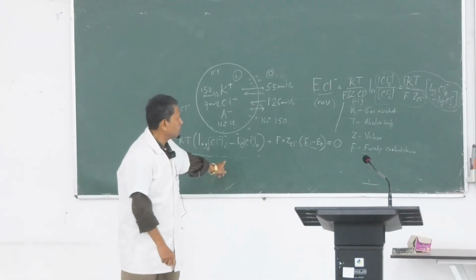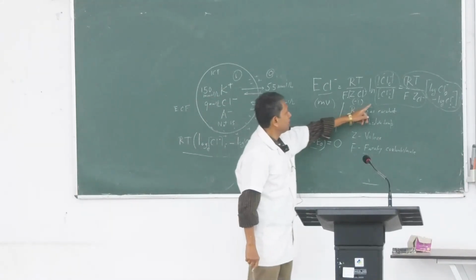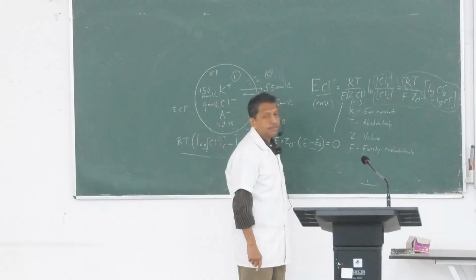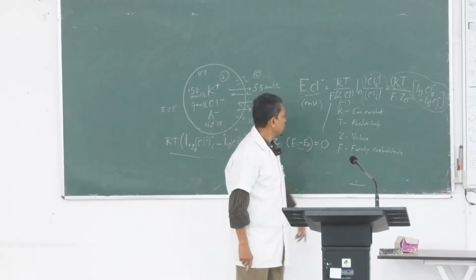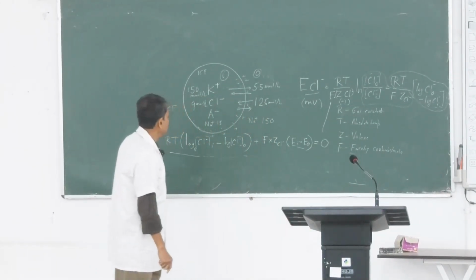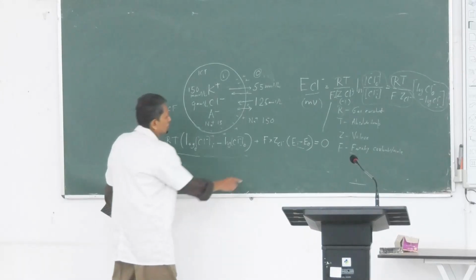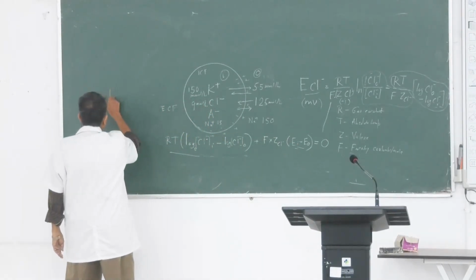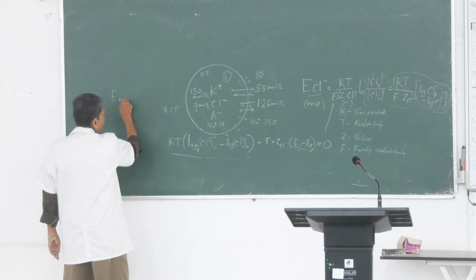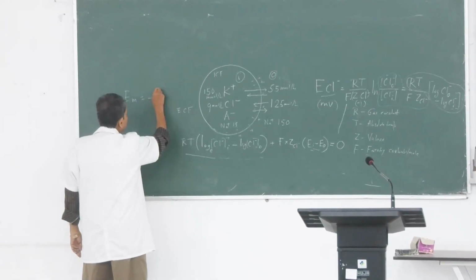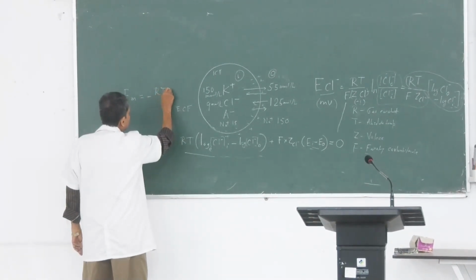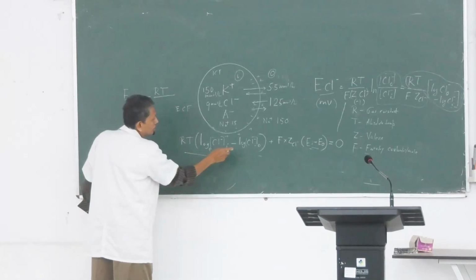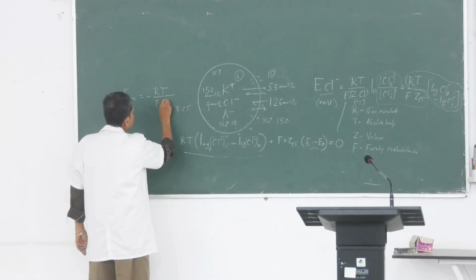So in the equilibrium position, what will occur? You will get this type of figure. If you take this at equilibrium, then you will get E is equal to minus RT divided by F ZCl.